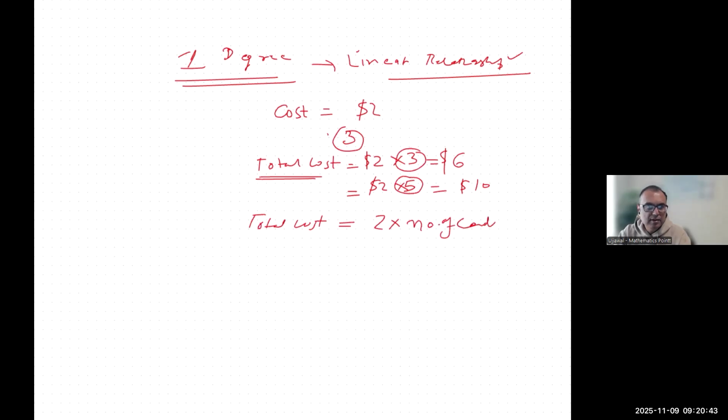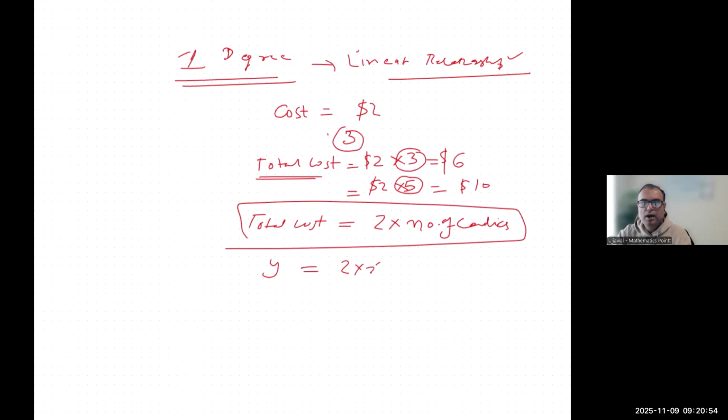And if I call the total cost to be y, and I call the number of candies to be x, y equals 2x is what the linear relationship is.